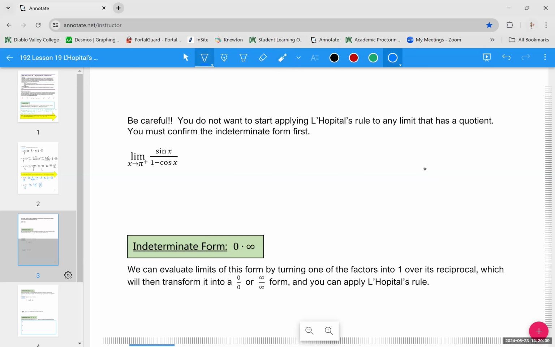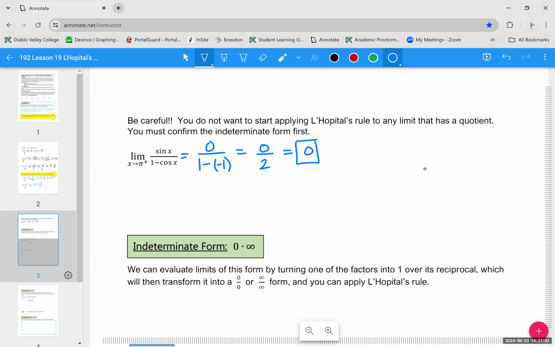So when I do direct sub, I get sine of pi, which is 0. And then cosine of pi, what is the cosine of pi? It's -1. So I have 0 over 2, which is 0.